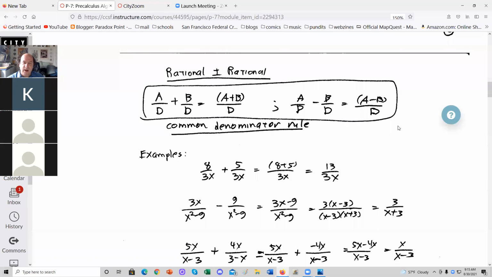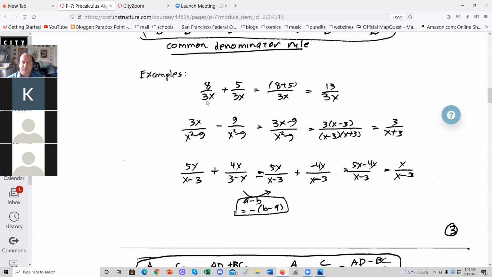Now to add and subtract rationals, well, it helps if there's a common denominator. If there's a common denominator, then you just add the numerators or subtract them accordingly. So for example, 8 over 3x plus 5 over 3x, common denominator of 3x, numerator is 8 plus 5, therefore 13 over 3x. 3x over x squared minus 9 minus 9 over x squared minus 9, common denominator is x squared minus 9 underneath, 3x minus 9 in the numerator.